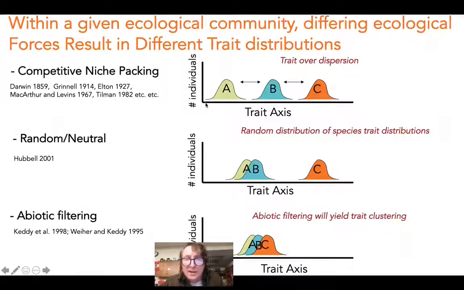Maybe this is leaf size or seed size going from low to high. And so here we have 3 different species. And in this case, species A, B, and C are dispersed kind of evenly along the trait axis. And so we tend to call this the traits being over-dispersed along the axes. That is, species are more evenly distributed along this trait axis.